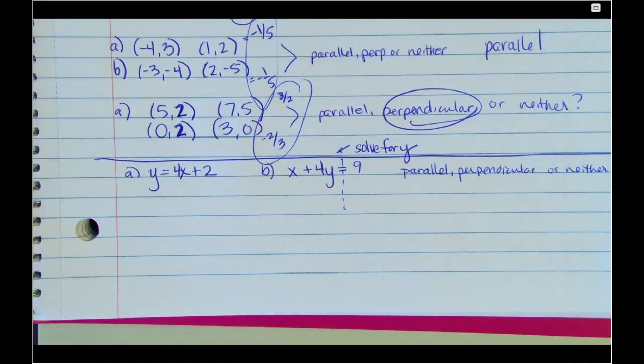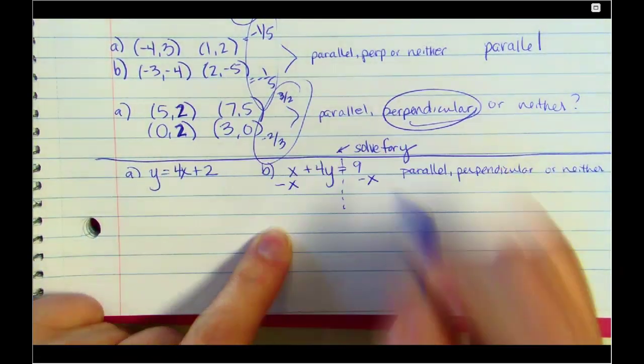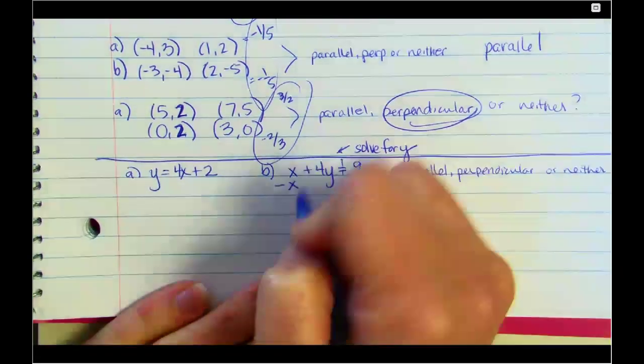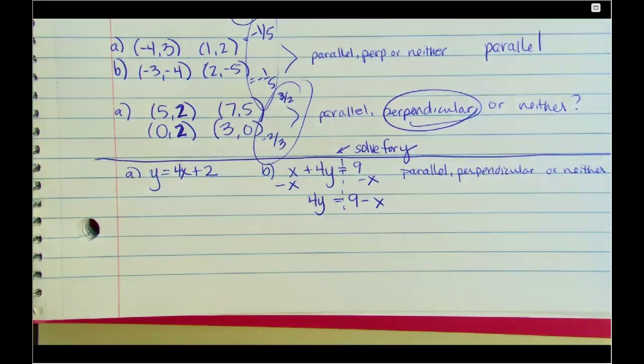What's the first thing we move? Subtract x. The steps are always the same: if the x and y are on the same side, you move the x first. So we subtract the x, and we have 4y equals 9 minus x.